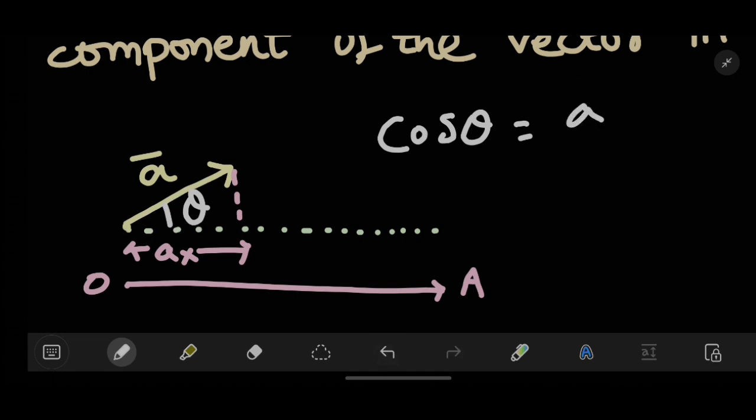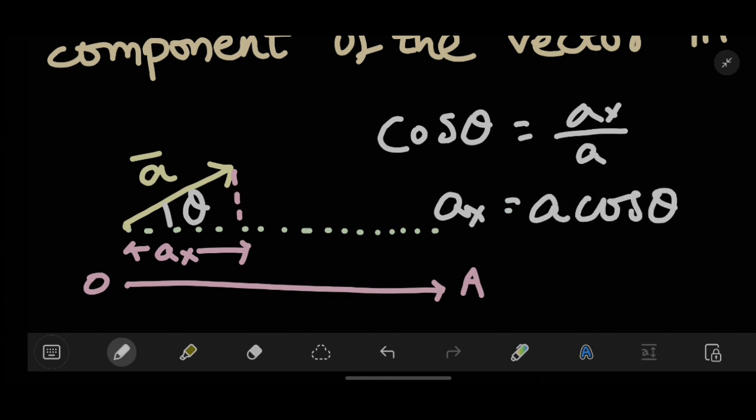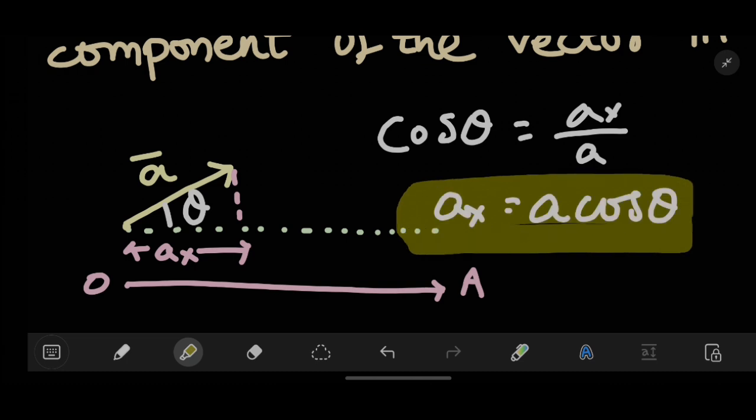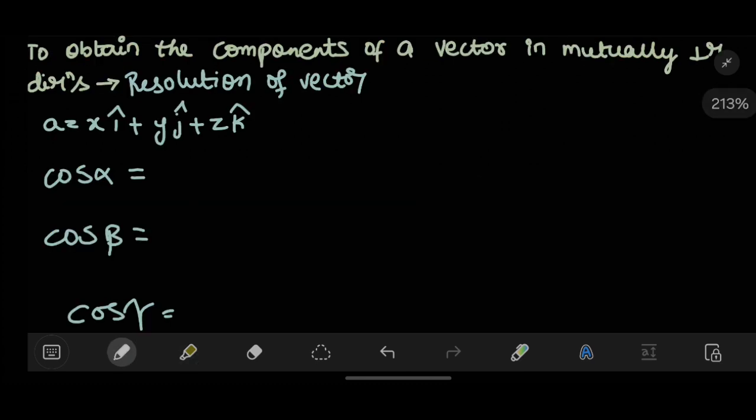So that is ax by a. So what is ax? A cos theta. This is a very important result. In future they will directly tell you a cos theta is the horizontal component. That's it. Now we will try to understand the resolution by an example.